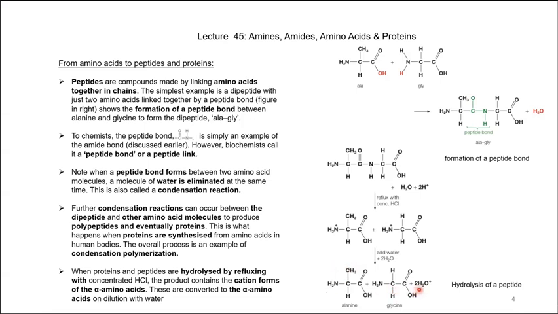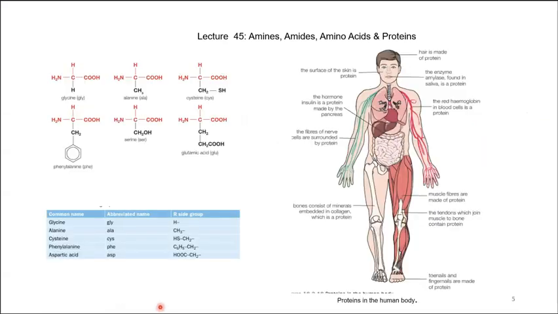Proteins also. When proteins and peptides are hydrolysed, we are doing hydrolysis in acidic condition, and then cations form, and these are converted into alpha amino acids on dilution with water. Okay, next slide.